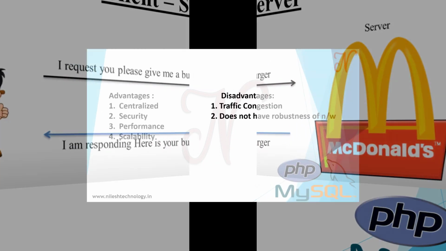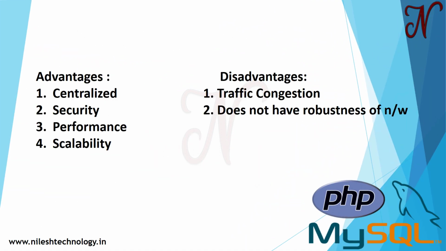So there are some advantages and disadvantages. Advantages, first is centralization. Centralized backup is possible in a client-server network, that is, all the data is stored in a server. Then security. These networks are more secure as all the shared resources are centrally administered. Then performance.